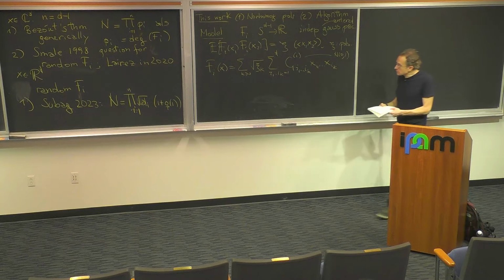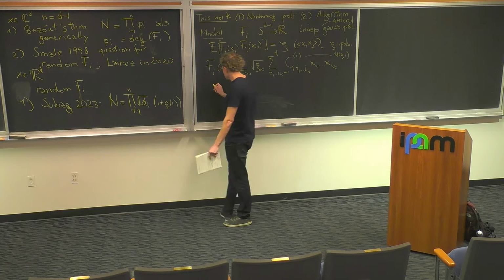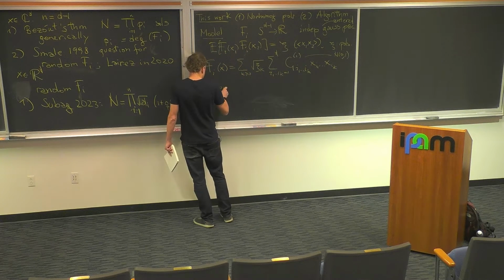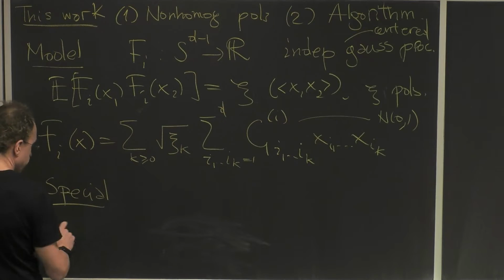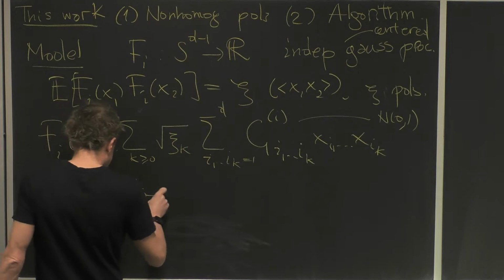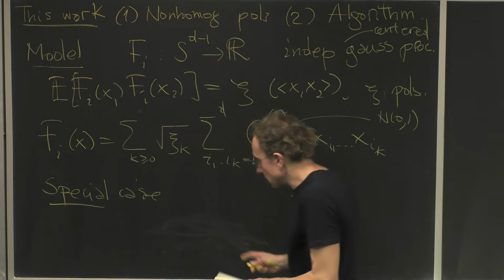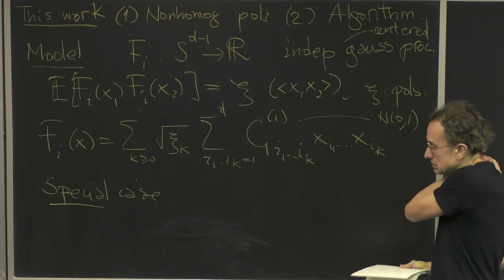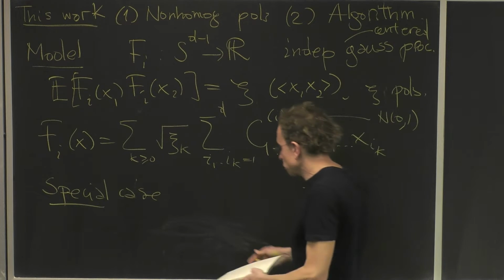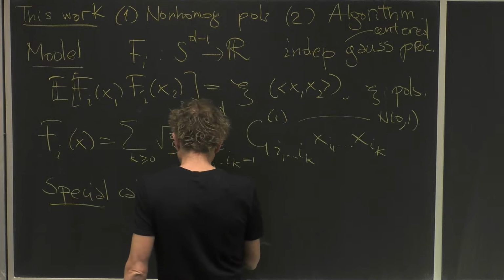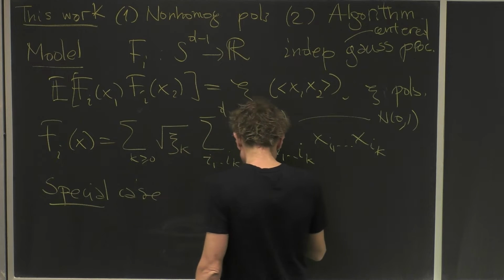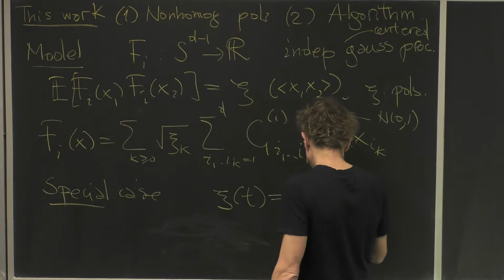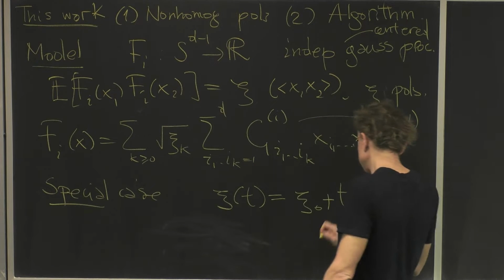I will sometimes consider a special case because I don't want to write too complicated formulas, but all that we do works in the general setting. The special case is the one in which xi of t is xi 0 plus t to the p.